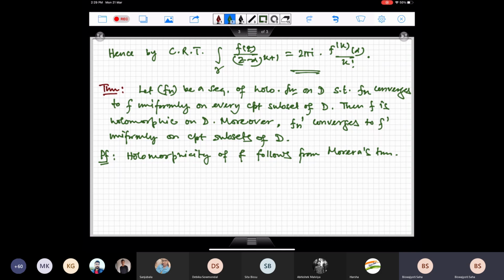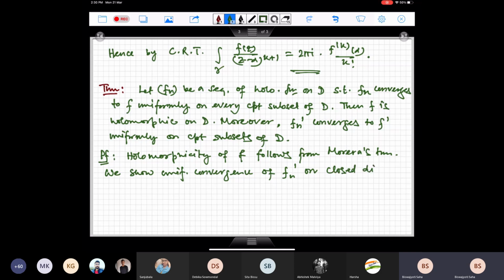So how do I prove this? I need to prove uniform convergence on all compact subsets. So what I'm going to do is prove uniform convergence on disks, and then if I take any compact set, I can cover it by finitely many disks, so we will be done. Effectively, I need to work with disks. So we show uniform convergence of Fn prime on, let's say, a closed disk.